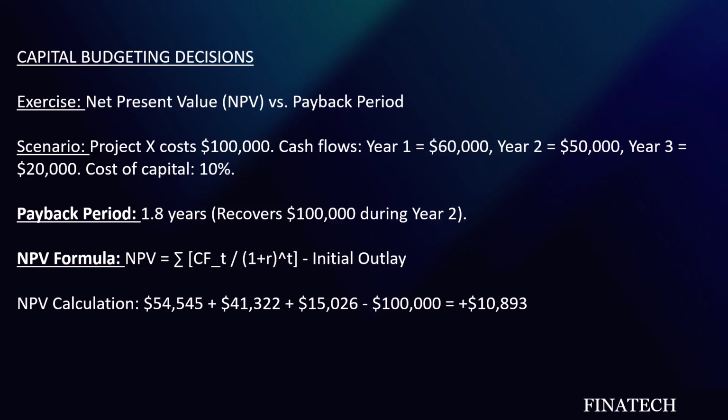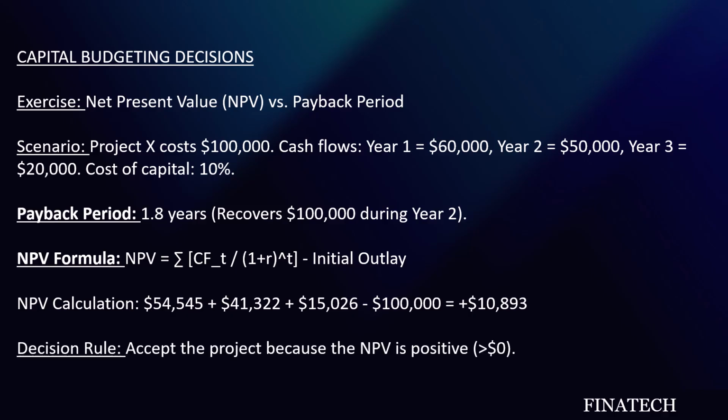And after calculation, we had $10,000. What is the decision we could take? We must accept the project because the net present value is positive.